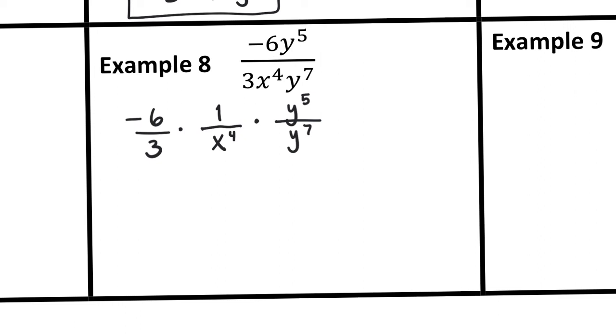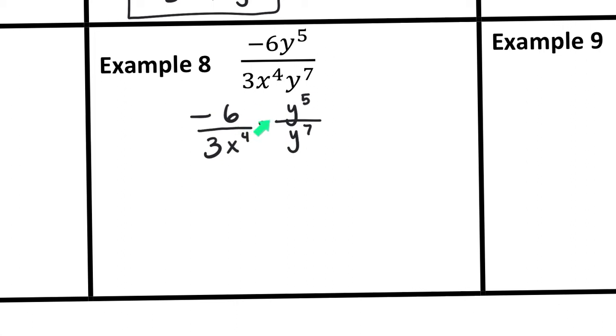Okay. Another thing we can say is the following. We can write it this way, actually. We can say that we have negative 6 divided by 3x to the fourth. That can work as well.